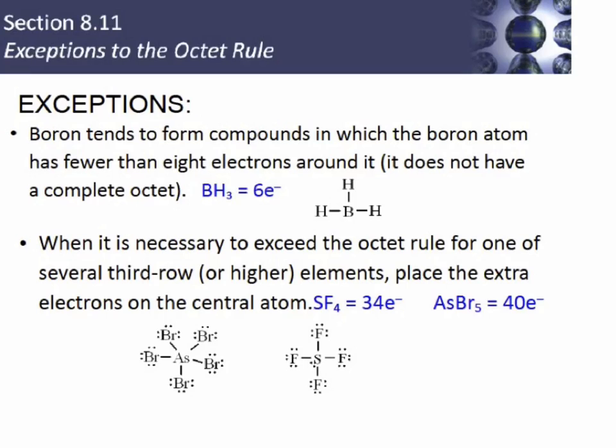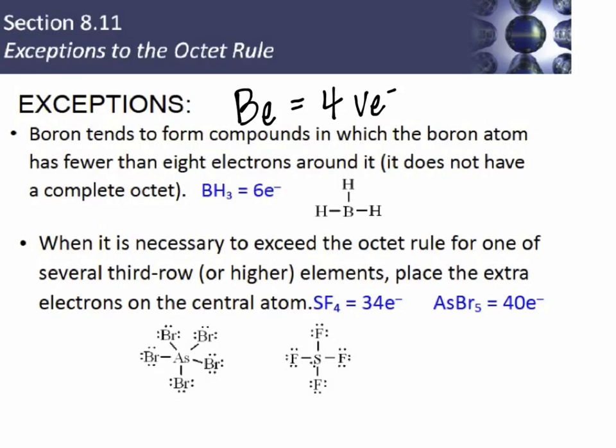Okay. So the exceptions. Boron wants to have 6 to be happy. If you go back and remember, beryllium wants to have 4 to be happy. Now, elements that have a D block available will expand their octet and they will have more than 8 out there.